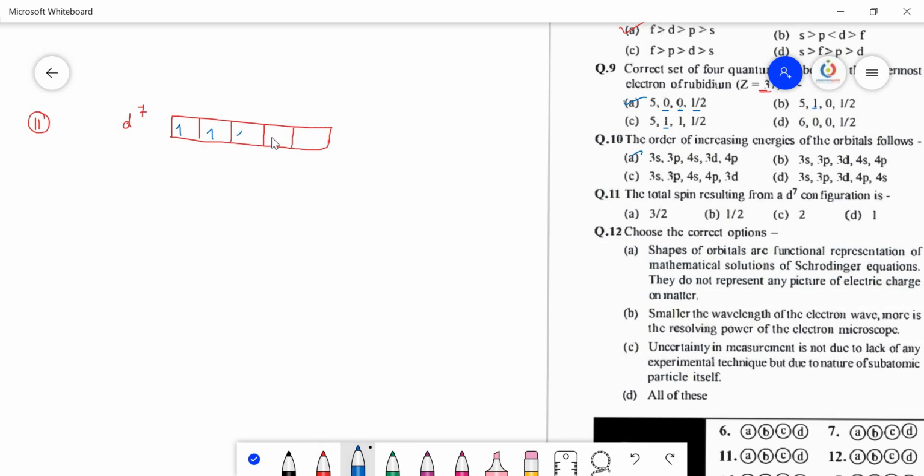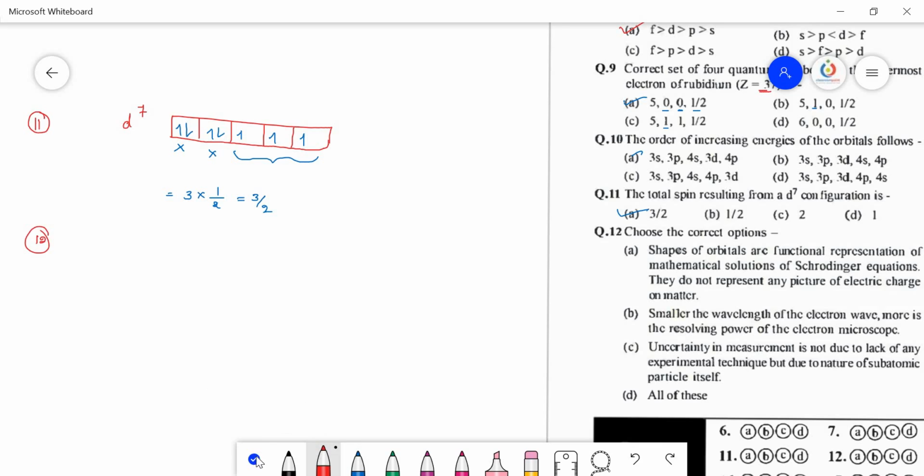Whenever electrons are paired, their spins are mutually cancelled, so these electrons will not be considered while calculating the total spin. We have to consider only the unpaired electrons. Here 3 unpaired electrons are there, so 3 into each electron spin, let it be half, equals 3 by 2. Option A is correct.